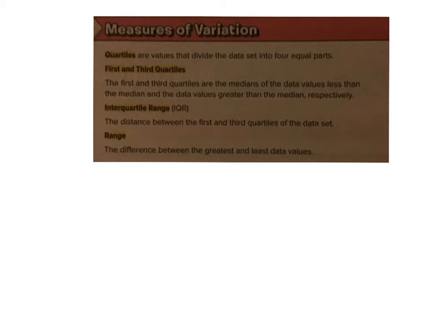So quartiles are those things which are divided into 4 equal parts. So quartiles are important. And then you have the first and third quartiles. And the way you do this has to do with the median.